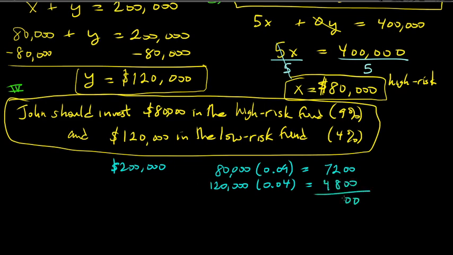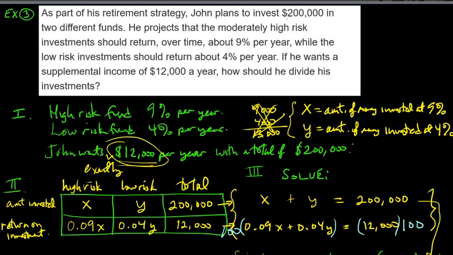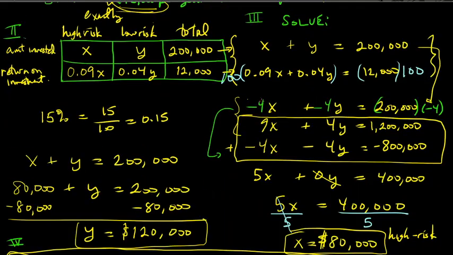So when you add these up, you get exactly 12,000. So that's what we will make per year as a supplemental income. Again, for anyone lucky enough to have $200,000 to invest. Yes, so that would be nice.